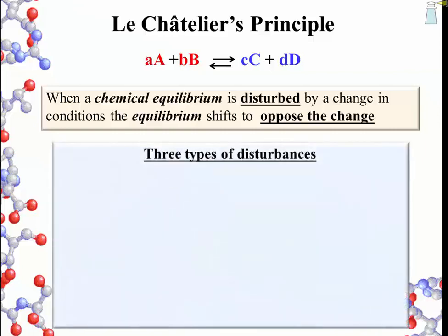Three types of disturbances are covered here, along with the logic of how the reaction reestablishes equilibrium. The first disturbance is the one we just covered, a change in concentration. All three disturbances will use the logic of change in concentration to explain the reestablishing of equilibrium.